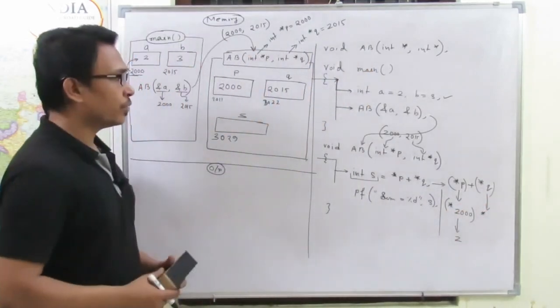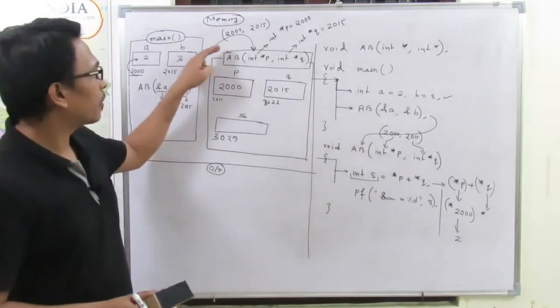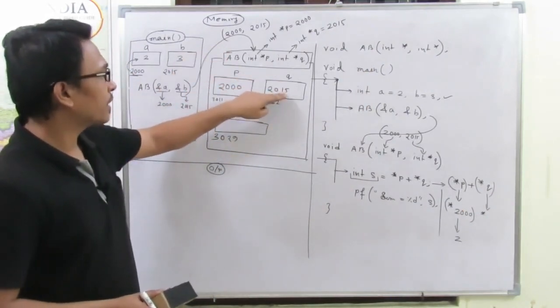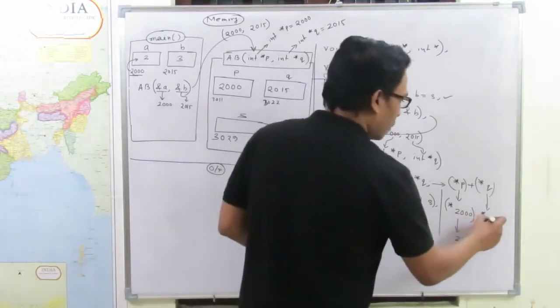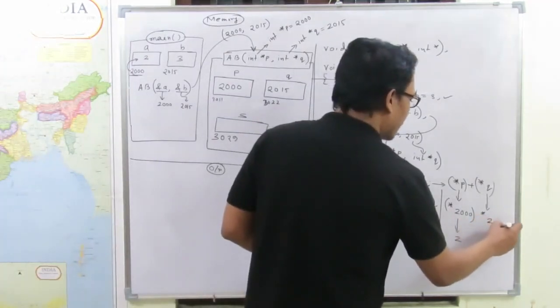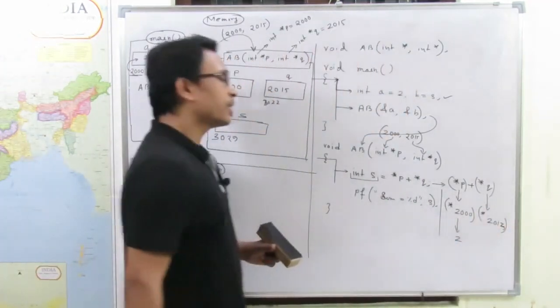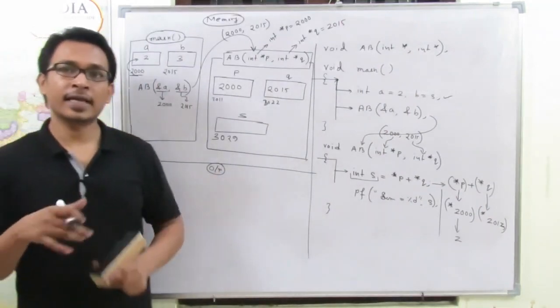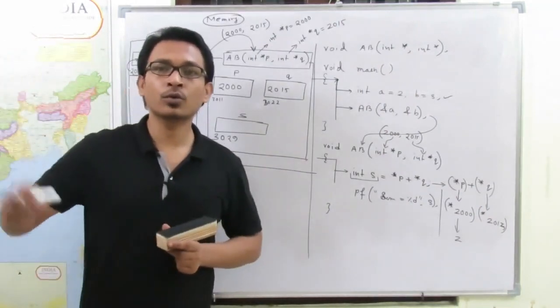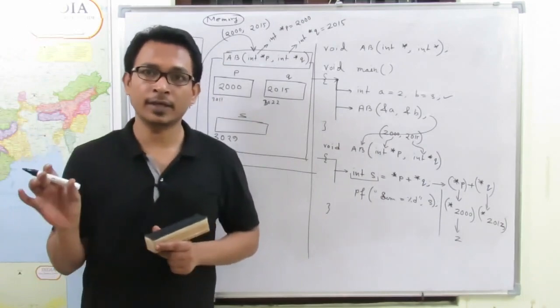The next part, the next operand, that is *q. The content of q in the ab function is 2015. Now look here, this 2015 is an address. Whenever the system gets any address, it will automatically go to that address and wait.